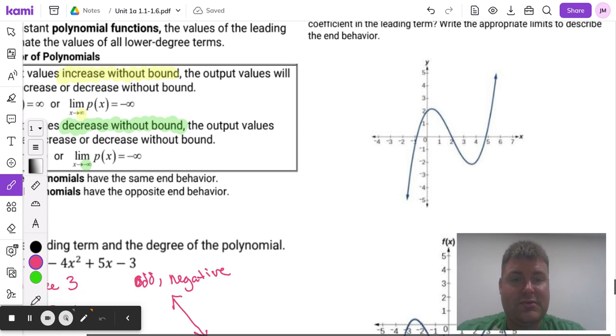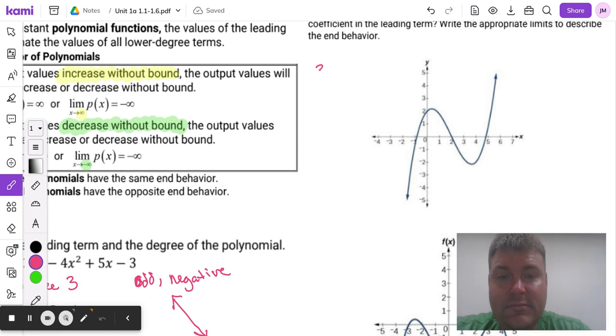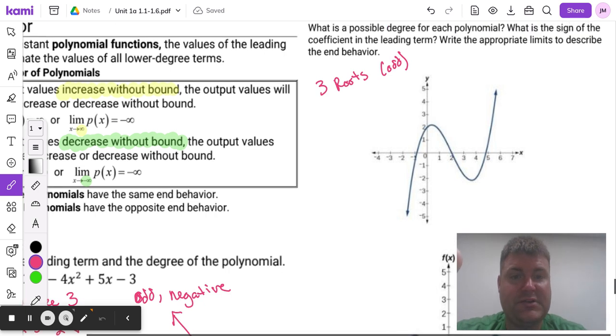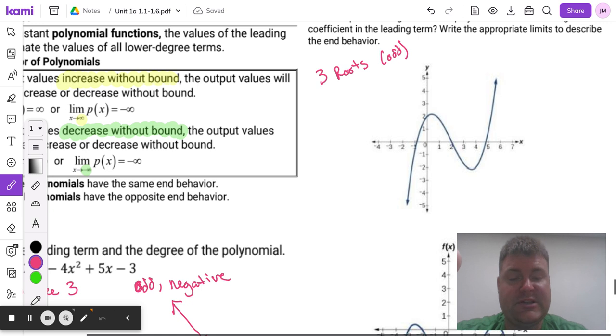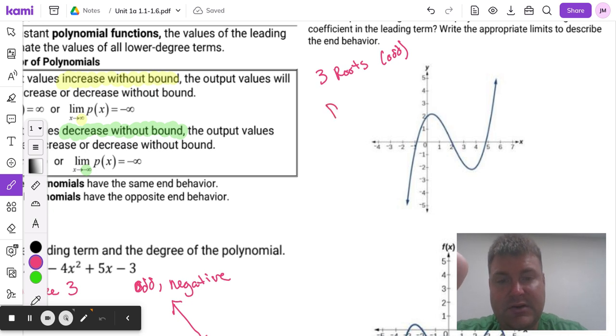Anyway, let's look at the lowest possible degree. This has 3 roots, and I'm going to say those are odd roots. Because we have 3 odd roots, our possible degree is degree 3. I'm not telling you it's degree 3, I'm telling you that it's possible.